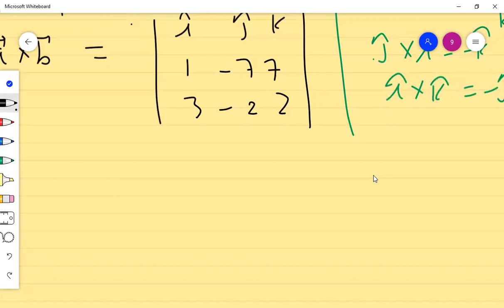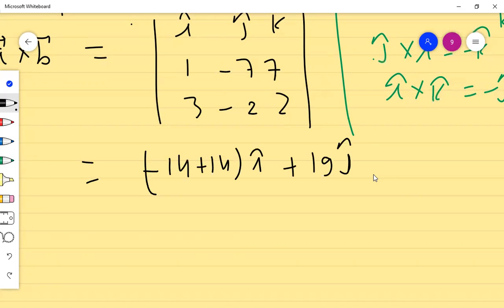So we have minus 7 into 2, minus 14, minus 14 and plus 14 I cap, plus, if we take J, then 7 3s are 21 minus 2, 19 J cap, and K, so we have minus 2 and plus 21. So that will be 19 K cap.